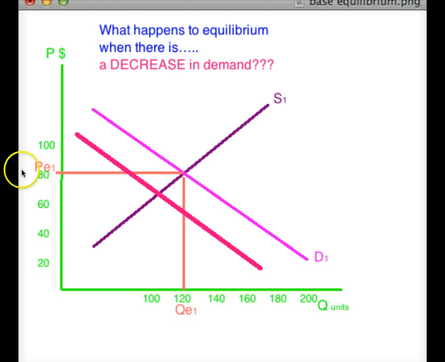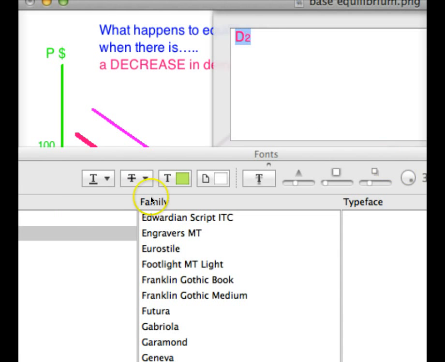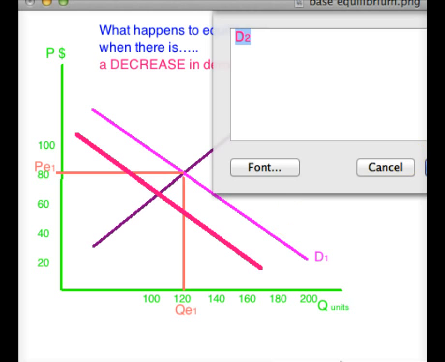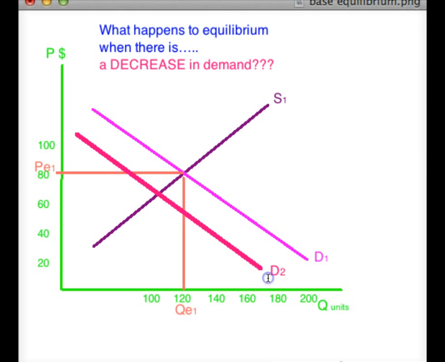Okay, so we have our new demand curve that's moved over to the left. We'll label our new demand curve Demand 2. Our old equilibrium here is still 120 for quantity at an $80 price. Our new equilibrium, however, is now sitting around here.